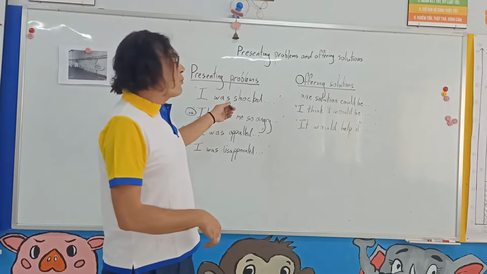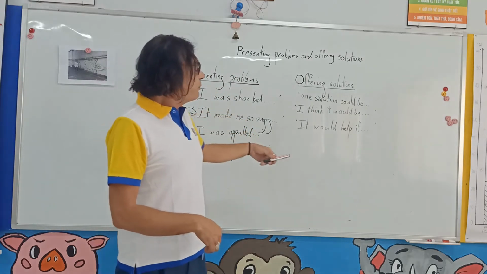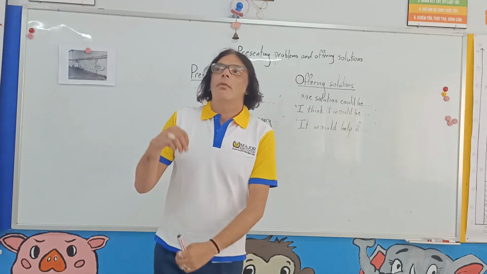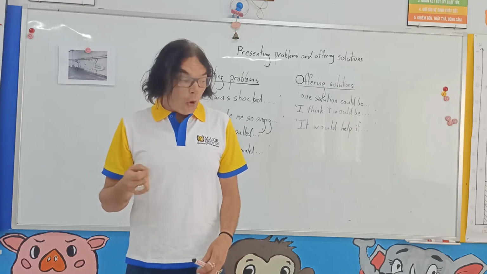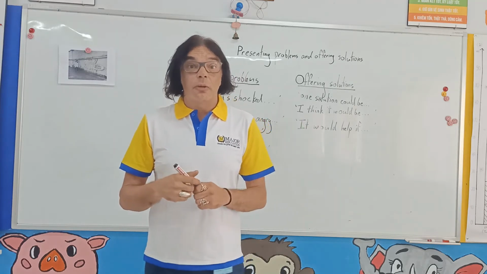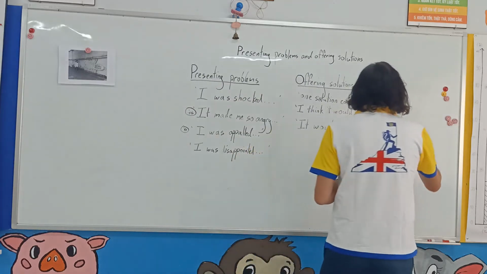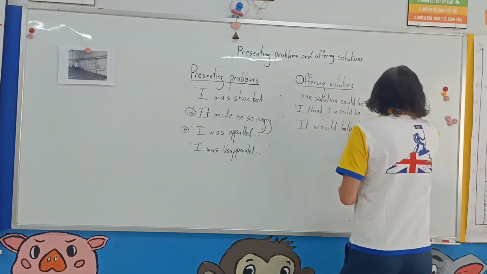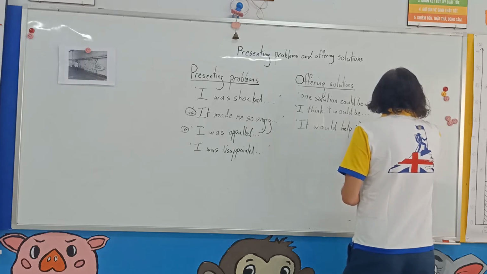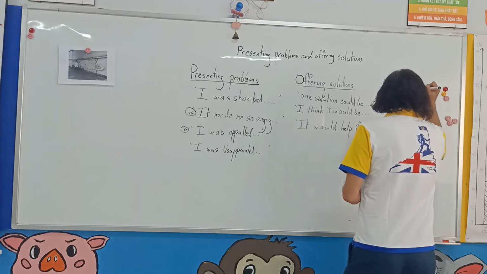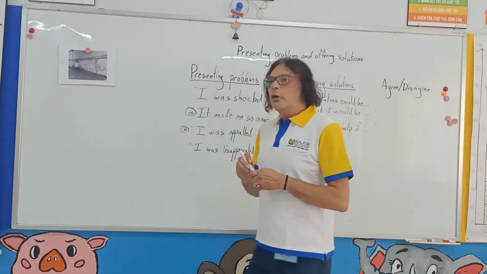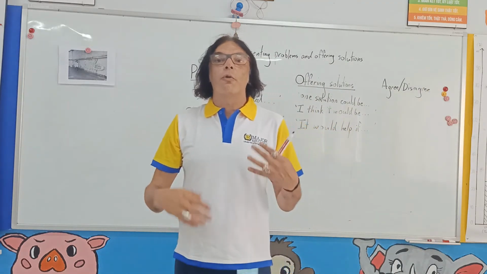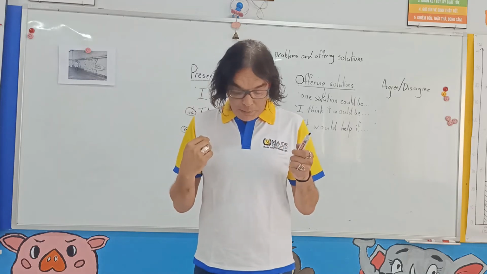So now we've presented problems showing our feelings. We may have offered some solutions, but maybe someone will agree or disagree with what we have suggested. Let's have a look. We're going to look at words and phrases we can use to agree with people or disagree with people.